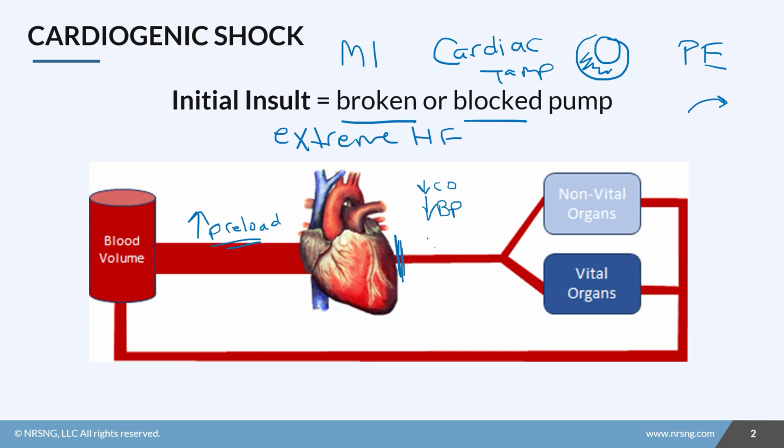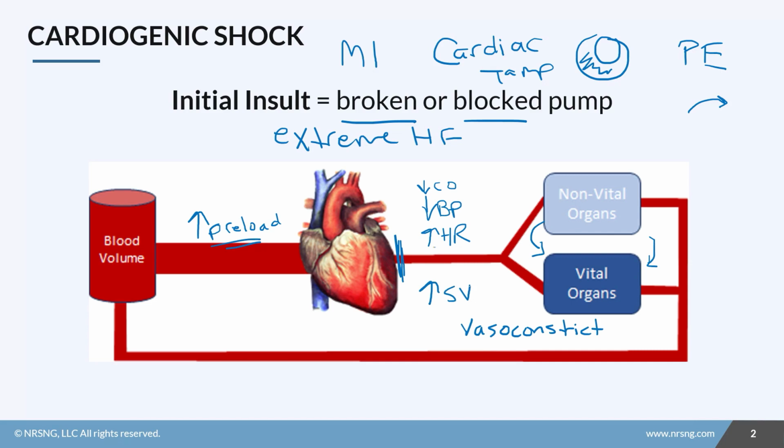And just like we saw in hypovolemic shock, our body tries to compensate. So when we have that decreased cardiac output, our heart rate is going to increase to try to compensate for that decreased output. And then we also see vasoconstriction to try to shunt blood to the vital organs and back towards the heart. That vasoconstriction causes our afterload to increase.